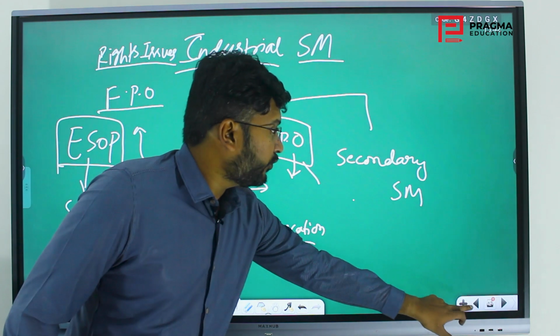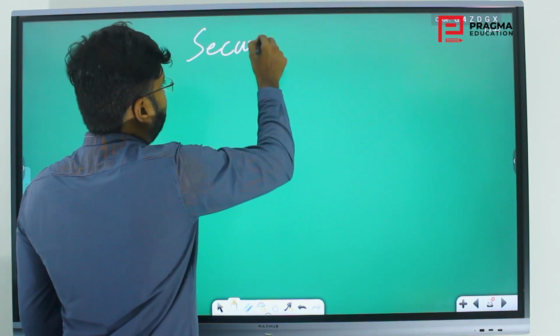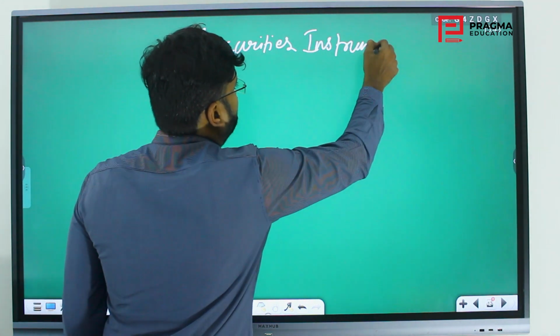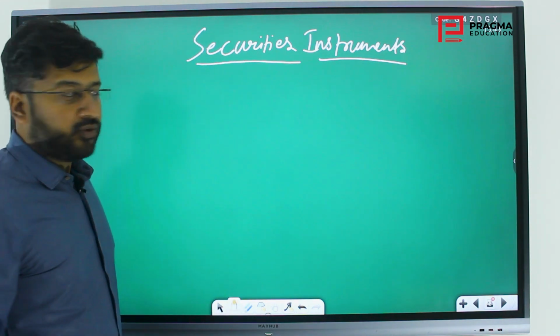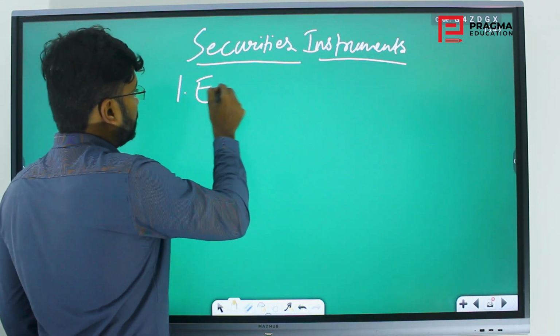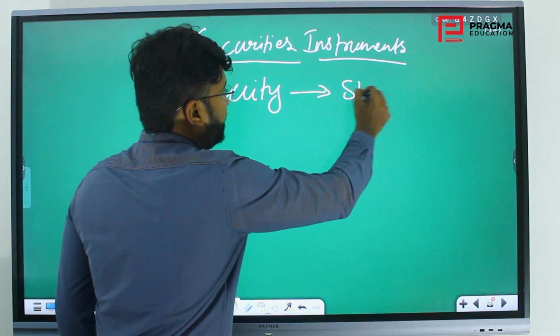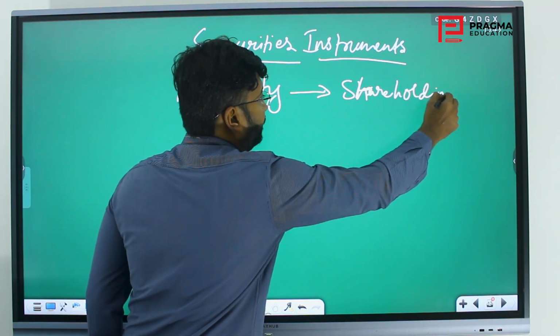Let us get into a few more securities instruments. These are instruments in the capital market. Don't forget, the first and most important one is equity, that is shareholding.